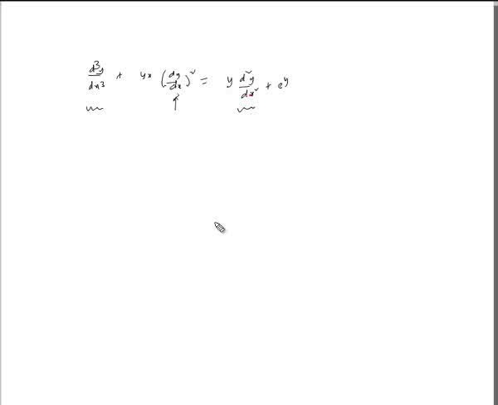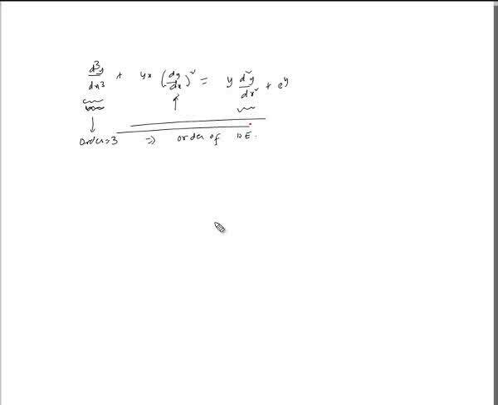We have to see the highest order derivative term, and its order becomes the order of the differential equation. Here the highest is d cube y by dx cube, whose order is 3, so the order of this differential equation is 3.